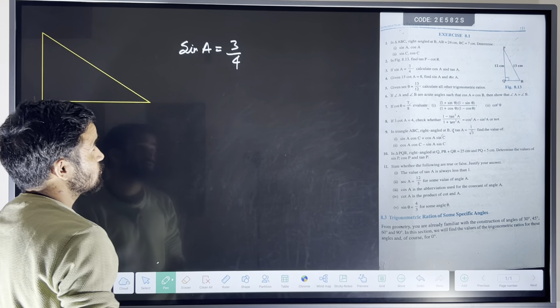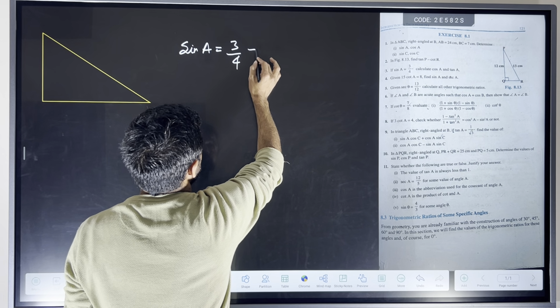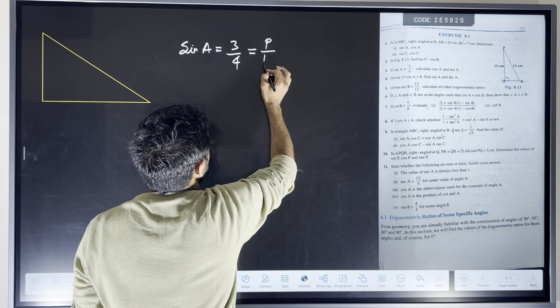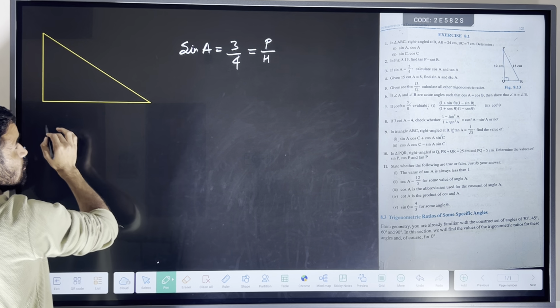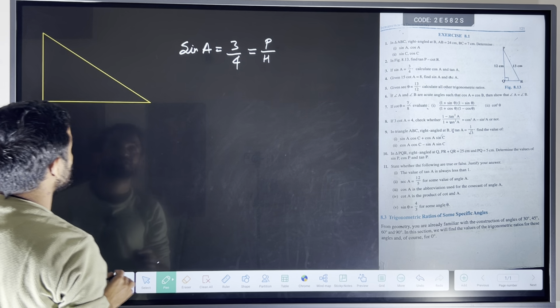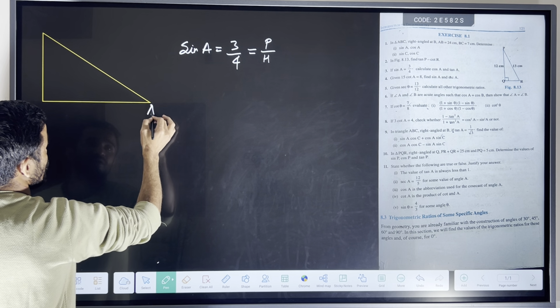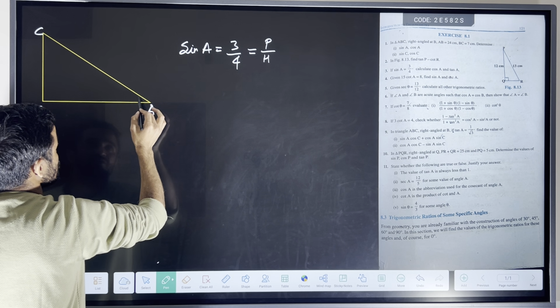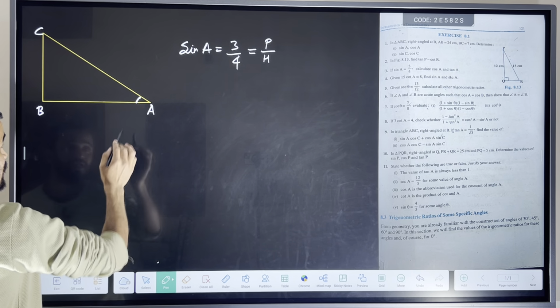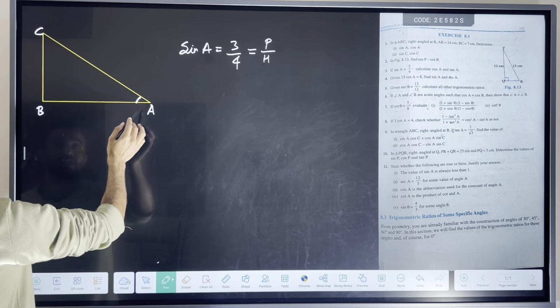As we know, sine is perpendicular upon hypotenuse. So if we consider this triangle, nothing is mentioned here. If we consider this as angle A, this as B, and this as C, then for angle A, perpendicular is BC and hypotenuse is AC.